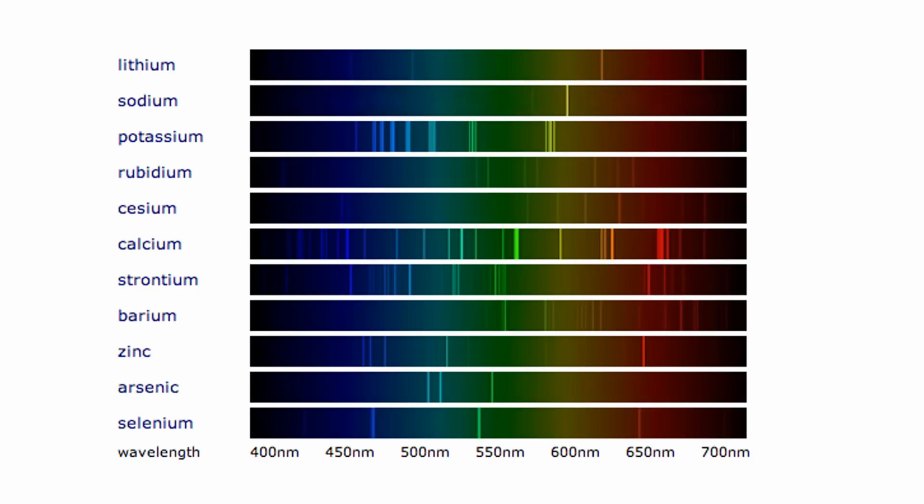So what you end up with are spectroscope images that look like this. So you can see that all of the different metals that are listed on the left hand side have a very individual image that's created by the spectroscope. So if you were working with calcium, for instance, and rubidium, both of them will turn a flame red.